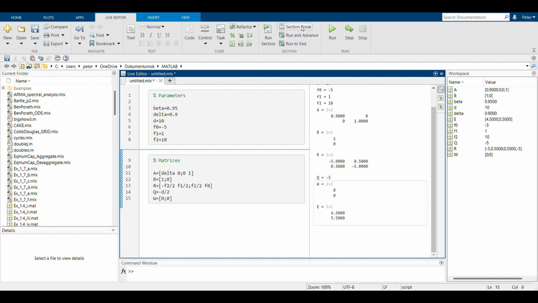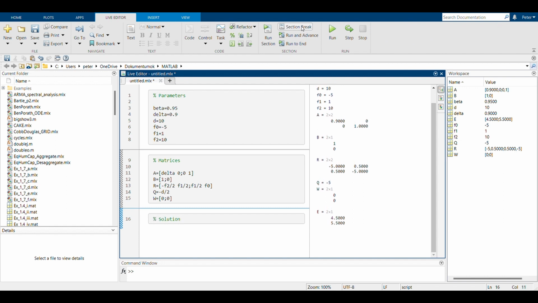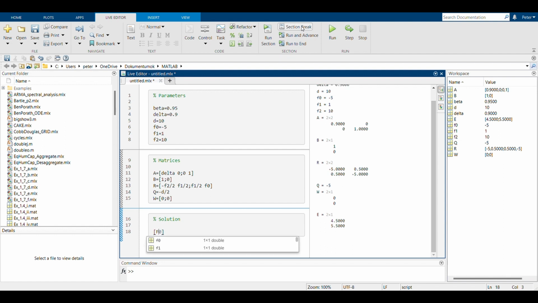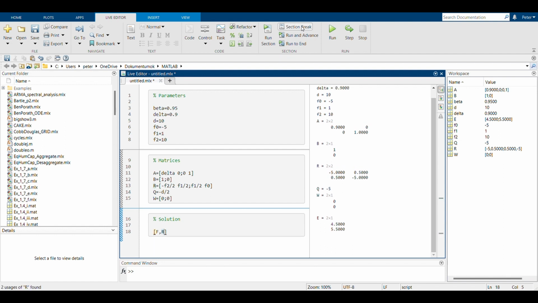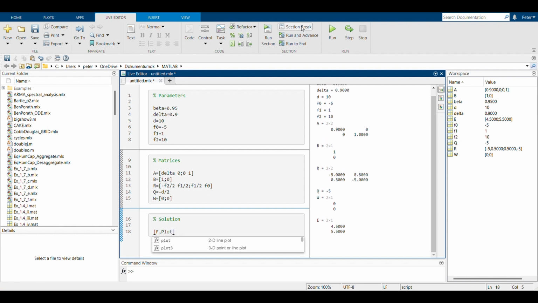We are going to solve the problem. As you may remember, we wrote our own Riccati equation solver, a short algorithm, in TA session 4, as far as I remember. But now let's try to use the Riccati equation solver from the Ljungqvist and Sargent book.